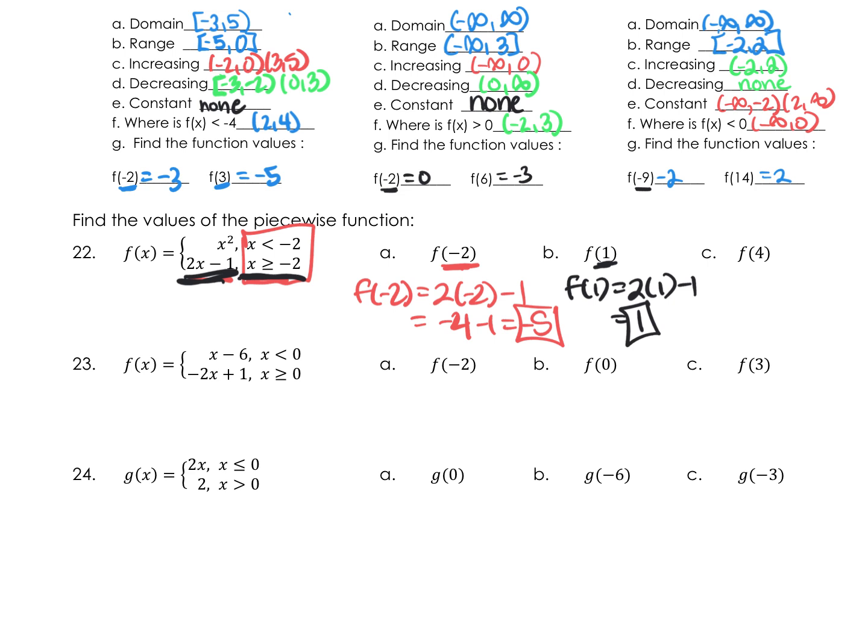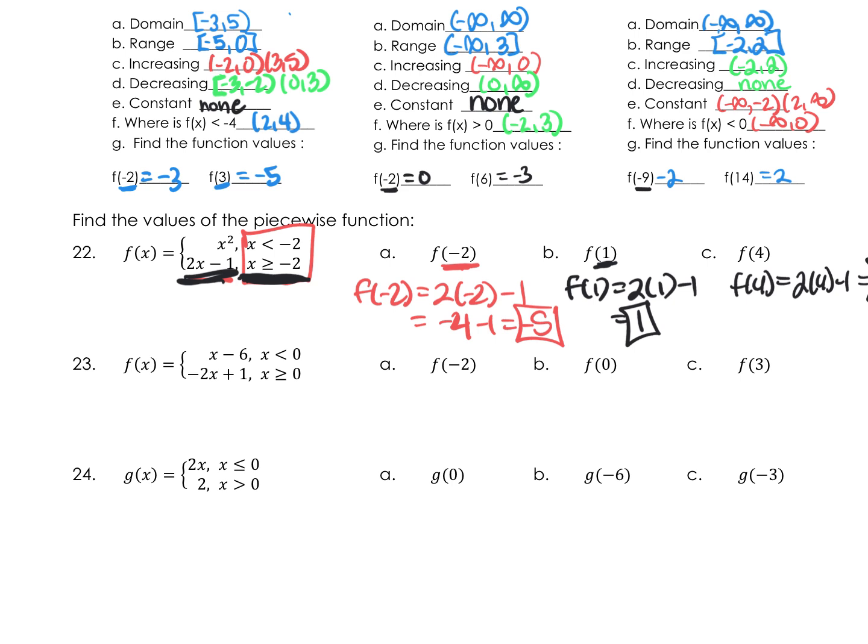Then for 4, that's when x is greater than -2 as well. So that's still going to be the bottom function. So we'll still plug that into the bottom function. So that'll be 7.